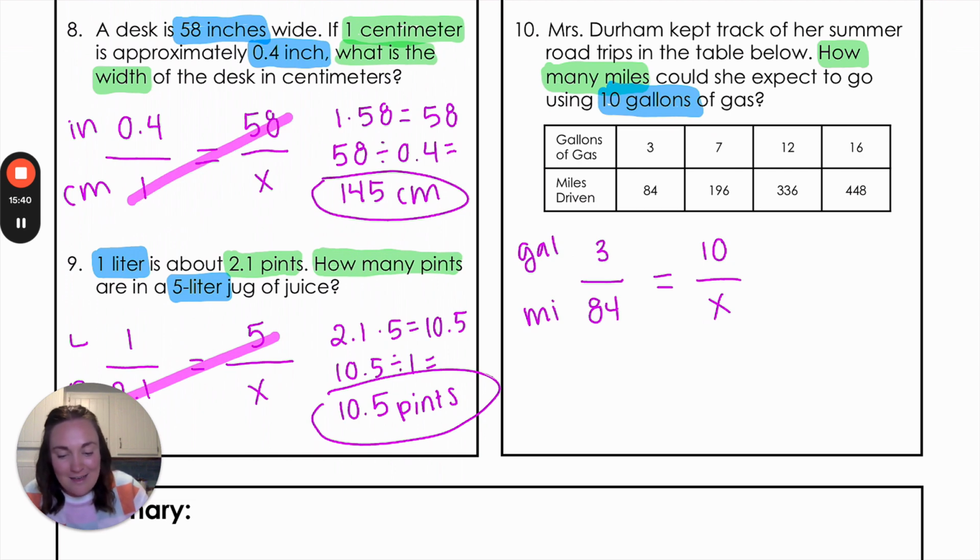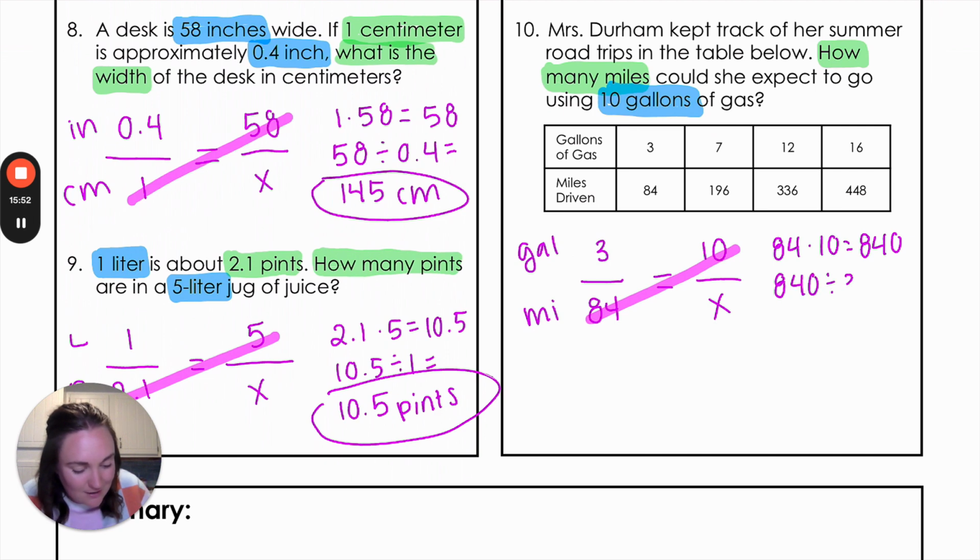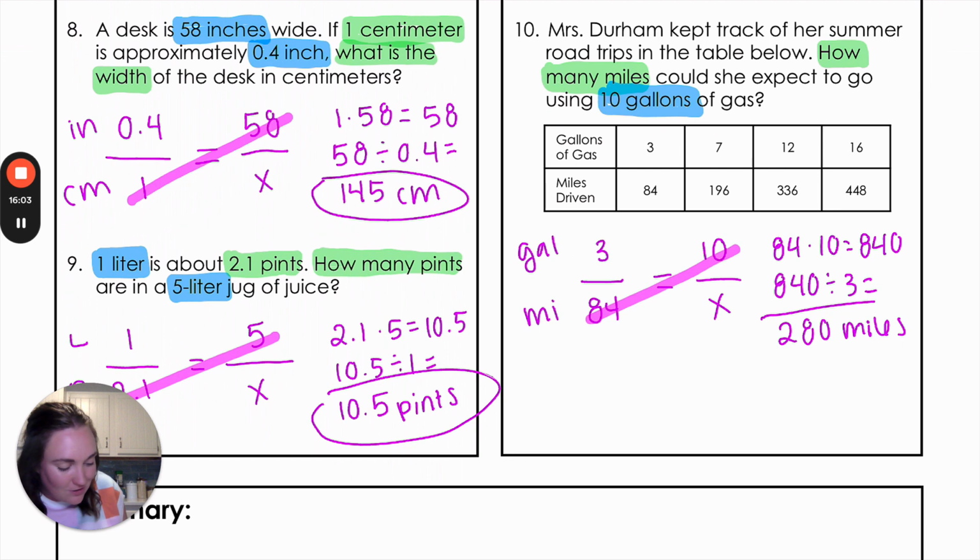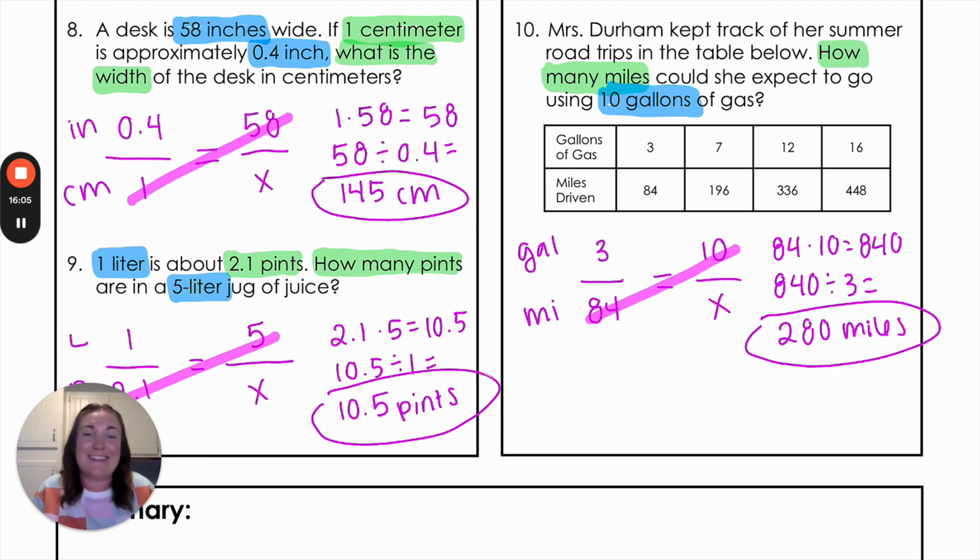So I have 84 times 10 gives me 840, and 840 divided by 3 gives me 280 miles that she could expect to go on those 10 gallons of gas. That's kind of putting everything together.